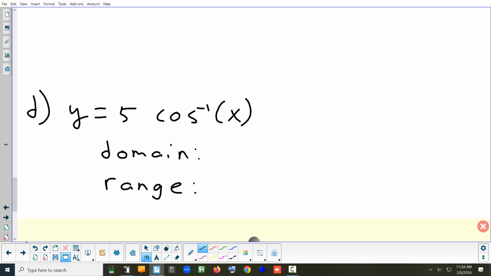Stretching vertically is going to affect the range. Domain is going to be the same as always for this, which is -1 to 1. So inverse cosine has a domain of -1 to 1. The domain for inverse sine and inverse cosine are the same.